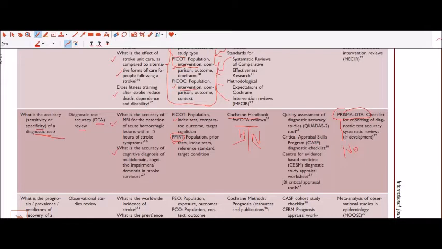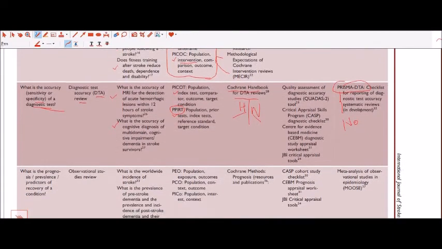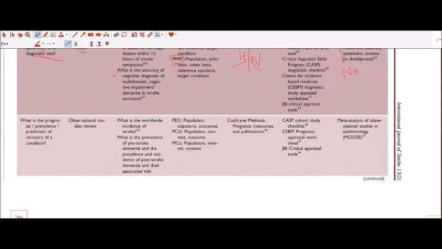Now let me go to the next block and see what else they are discussing here. This is now the prognosis, prevalence, predictors of recovery of a condition. These are observational studies, and these are the questions as to how you can use it.